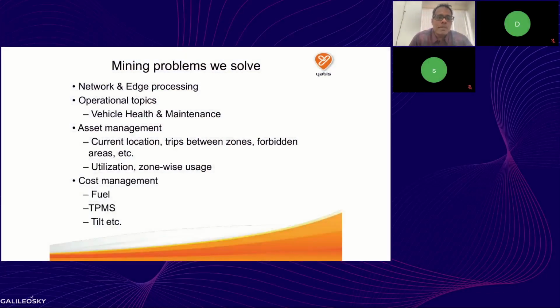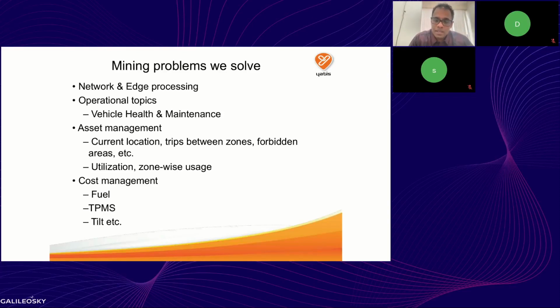Some of the mining problems we solve: network and edge processing, which Dimitri highlighted, where you can have hubs and clients in places where you don't have a network, and it's managed. Among the operational topics, we manage vehicle health maintenance and asset management. You can see current location with geofences. You can look within trip between zones and identify when vehicles are going to forbidden zones.